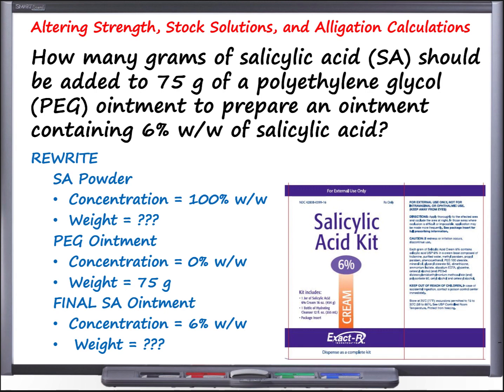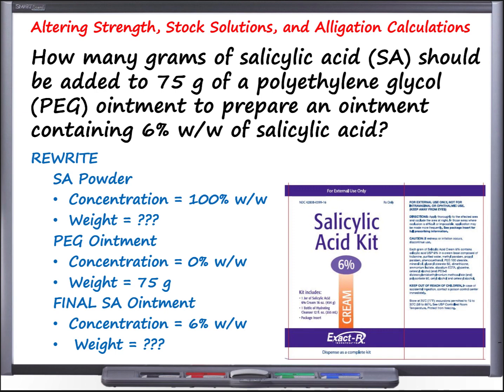Our second ingredient is what we're going to be mixing the salicylic acid into, which is this polyethylene glycol or PEG ointment base. We know quite a bit about the PEG ointment base. We know that its concentration of salicylic acid to begin with is 0. It doesn't have any. So its concentration to begin with is 0% weight per weight of salicylic acid.